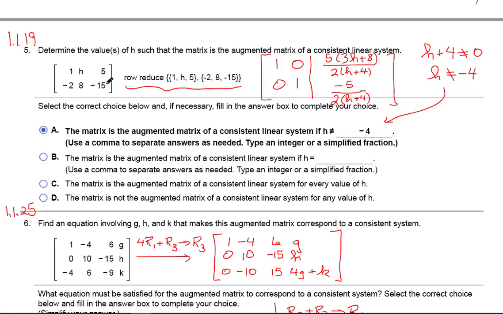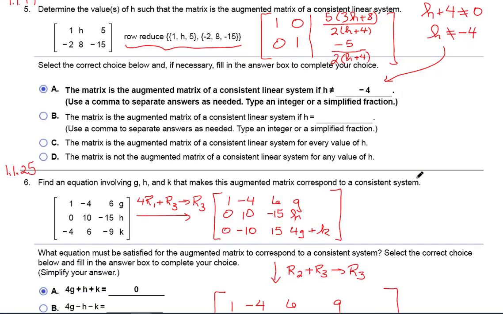So if we do the same process and do row reduce, what I see is how h is involved in the process of figuring out what the answer would be. And so what I'm noticing here is h is in the denominator, and so I don't want that denominator to be 0, so I do not want h to be minus 4.